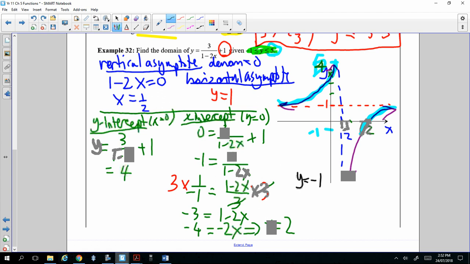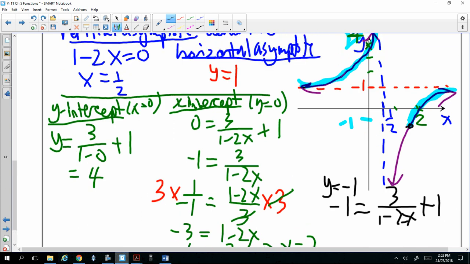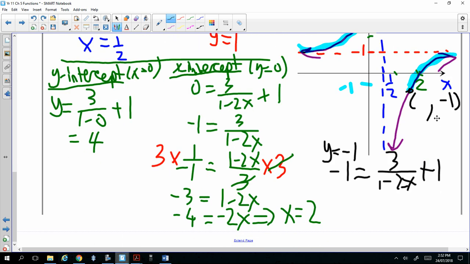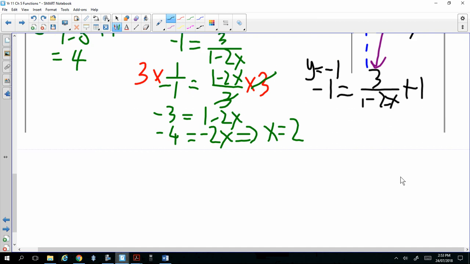Okay, anyway. And then you're going to move this to the other side. We'll try to find the x value, so what that point is. So y is -1. What's x? We substitute -1 in there, and then move the 1 over to get -2. And then you take the reciprocal of both sides: 1 minus 2x over 3.